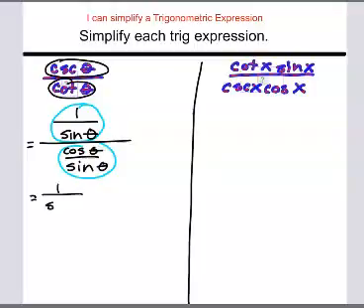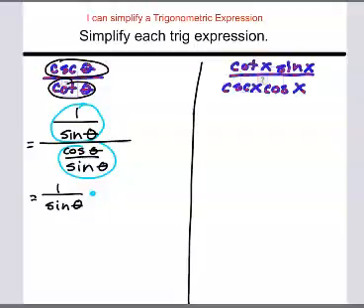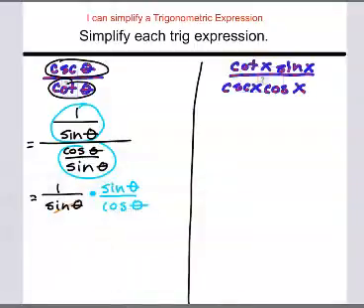And remember, dividing by a fraction is the same as multiplying by the reciprocal. So the reciprocal is sine over cos. Now look at that. Hey, we can cross this and this off. And we are left with 1 over cos. And 1 over cos is secant.